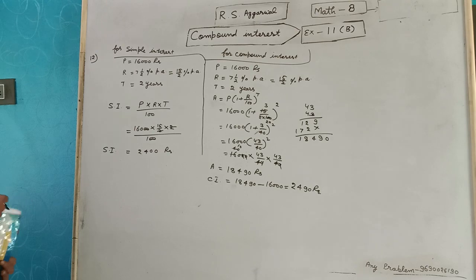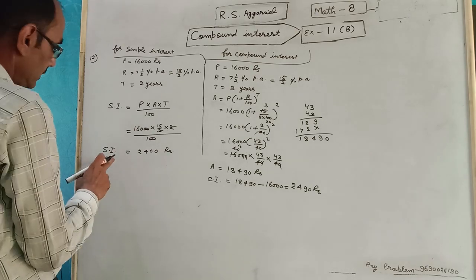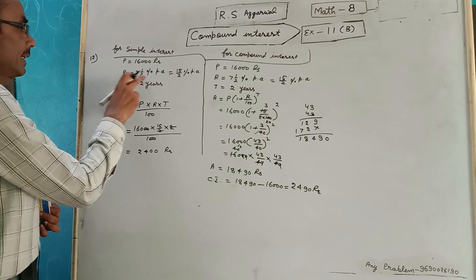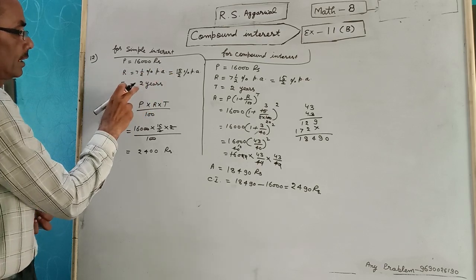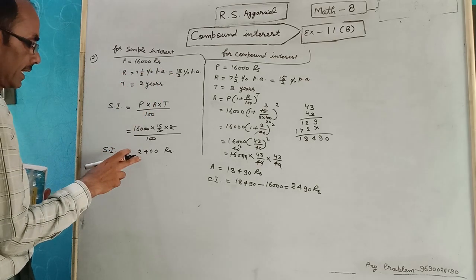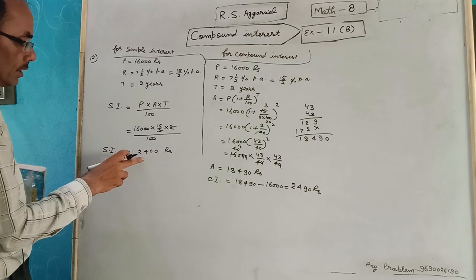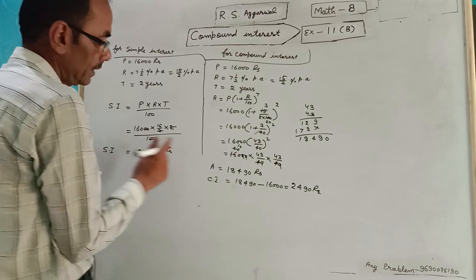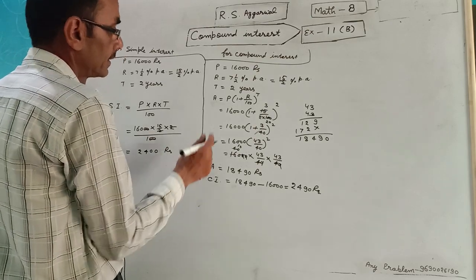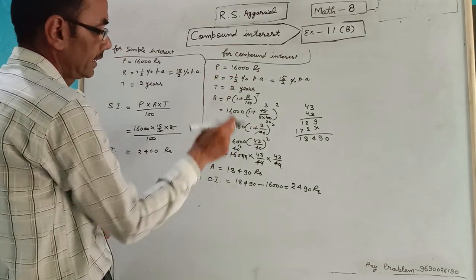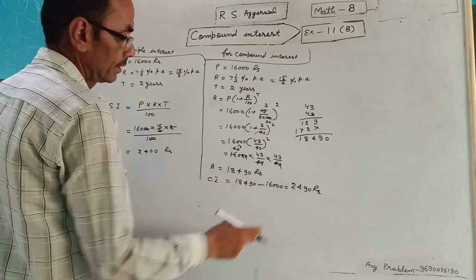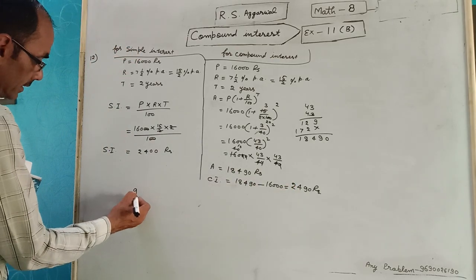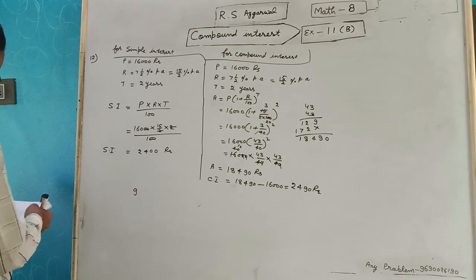Now he gets on 16,000 at rate 15 upon 2 in 2 years 2,400 rupees as the simple interest.